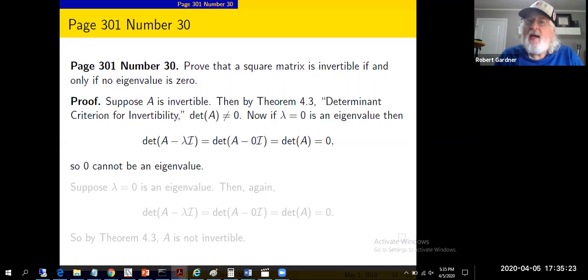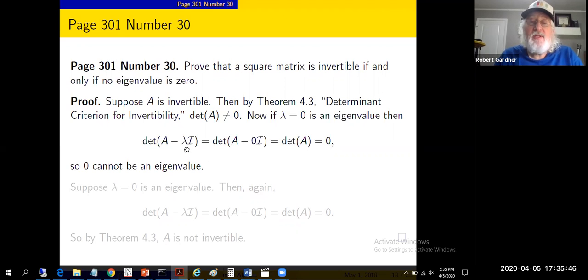This might come in handy after all, because we've got all this eigenvalue stuff in terms of determinants. So there's where the theory's paying off finally. Well, if lambda equals 0 is an eigenvalue, then the determinant of A minus lambda I, that'd be the determinant of A minus 0I, that'd just be the determinant of A. We'd set that equal to 0.